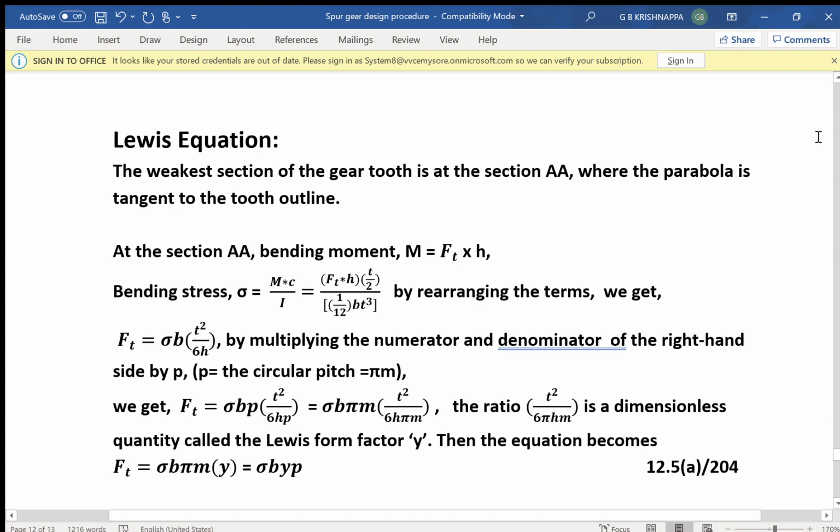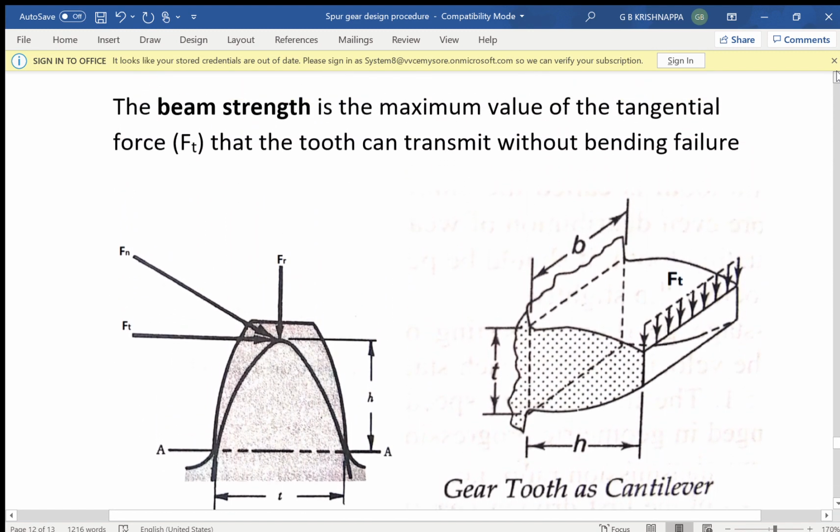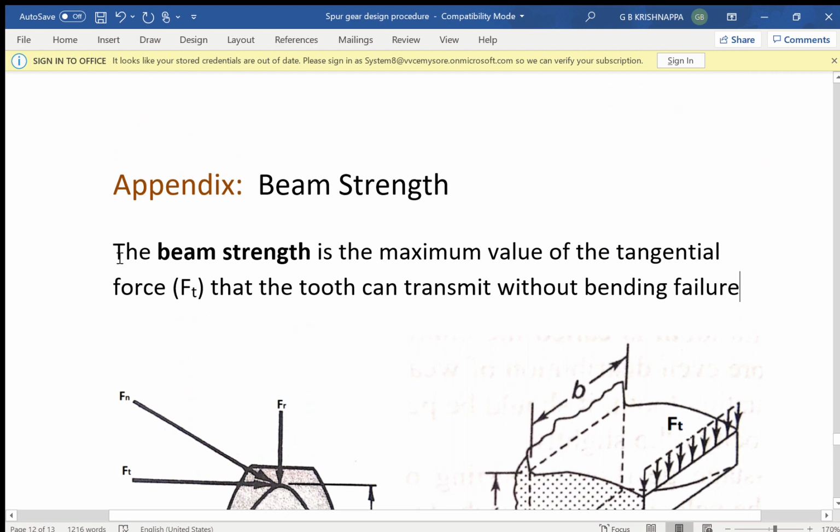So now once again, we'll understand the beam strength. The beam strength is the maximum value of the tangential force Ft that the tooth can transmit without a bending failure.